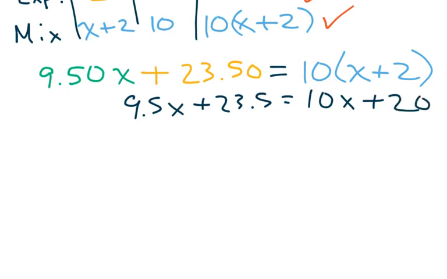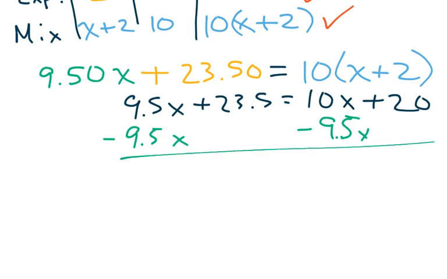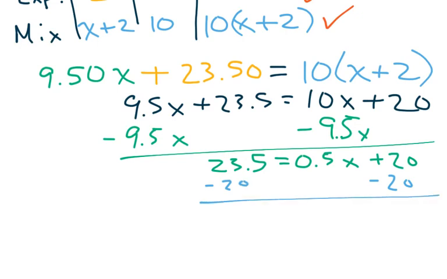To avoid negatives, when I solve this, I'll subtract 9.5x from each side, which leaves me with 23.5 on the left, 0.5x on the right plus 20, and then I'm going to take 20 away from each side.